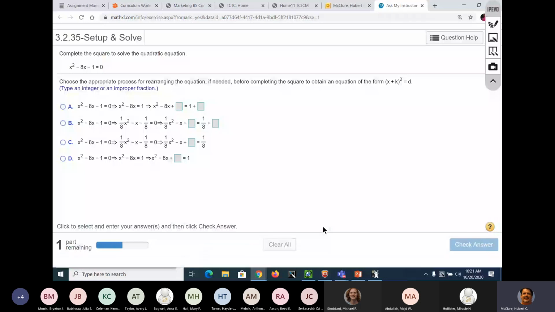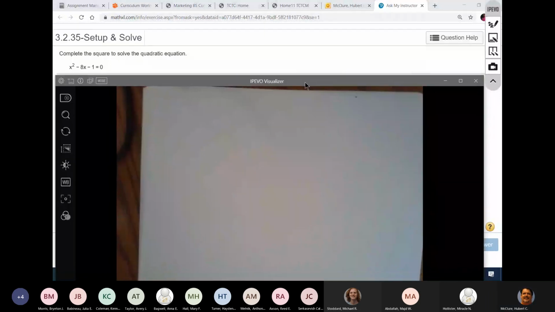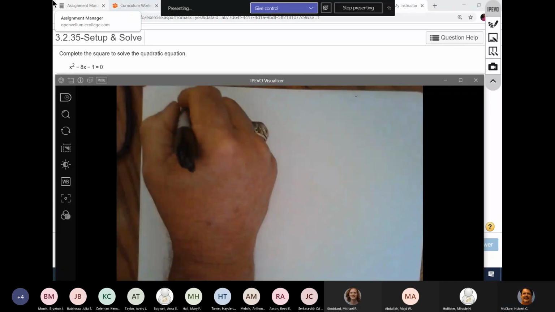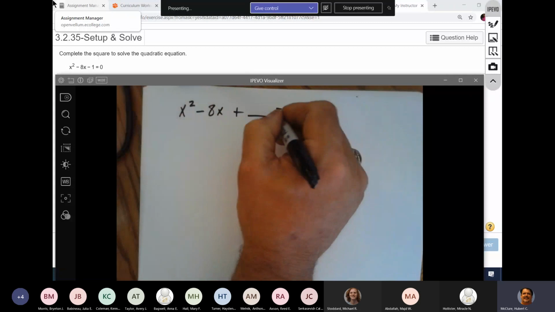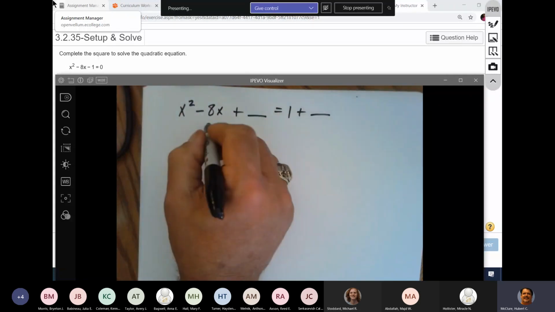Complete the square. Okay, here we go. X squared minus 8x plus blank is equal to 1 plus blank. Half of 8 is 4. 4 squared is 16.